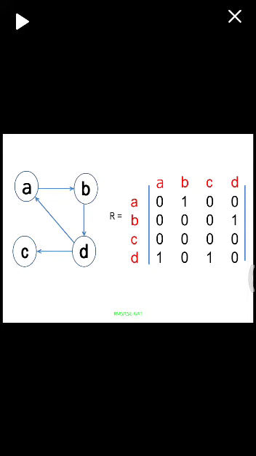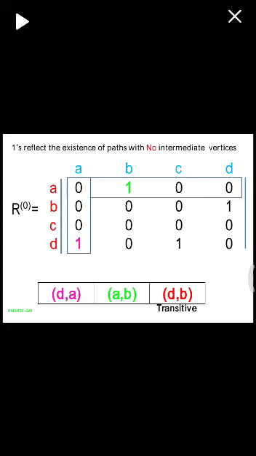So we can represent this adjacency matrix as R power 0. Here R power 0 indicates the ones in the adjacency matrix reflect the existence of paths with no intermediate vertex, with 0 intermediate vertices.